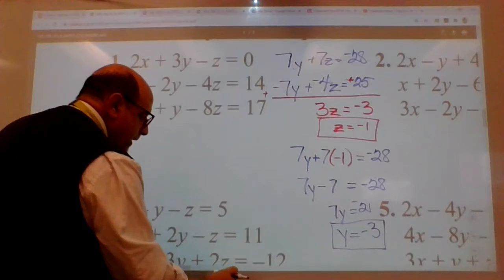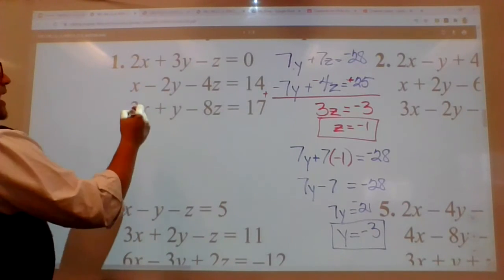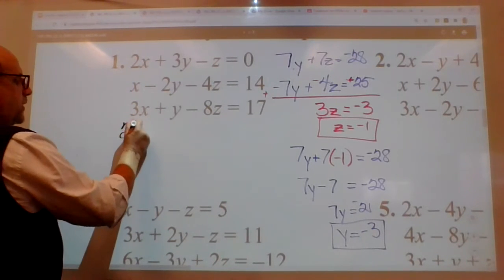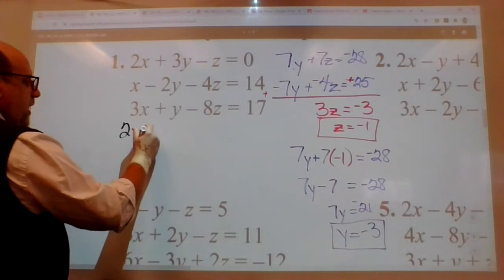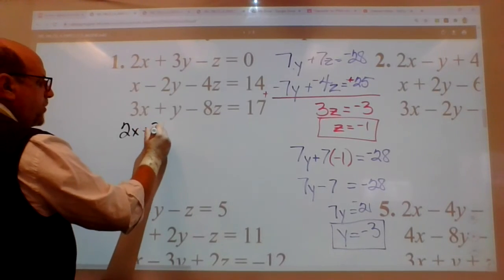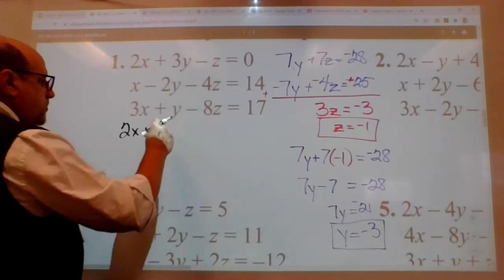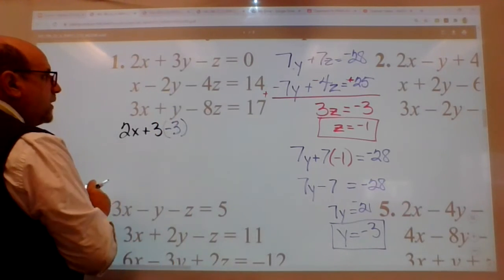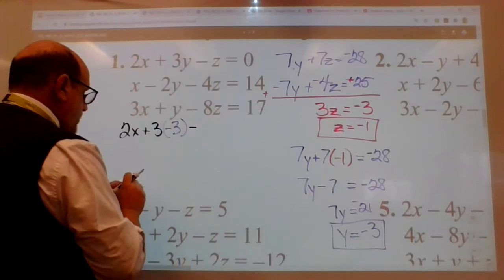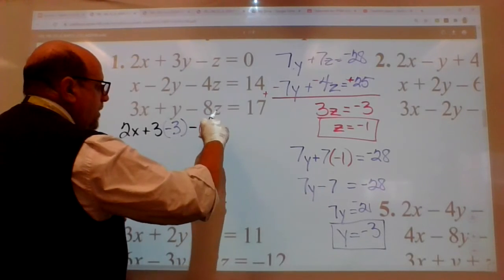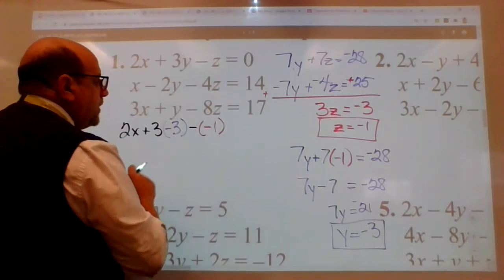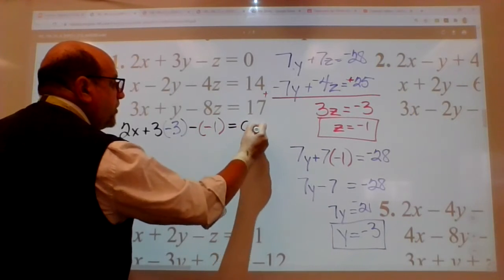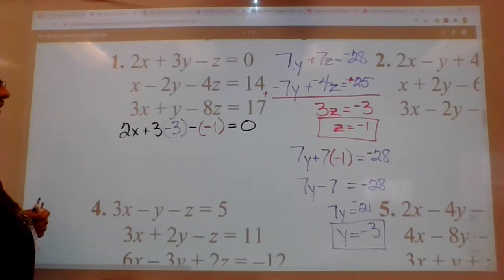And I'm going to write it out and solve for x. 2 times x plus 3 times negative 3 minus negative 1 equals 0. So far, so good.